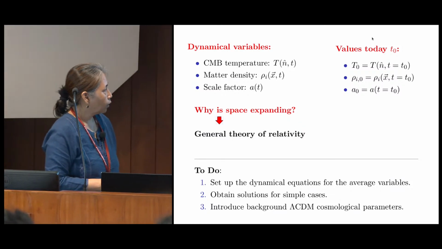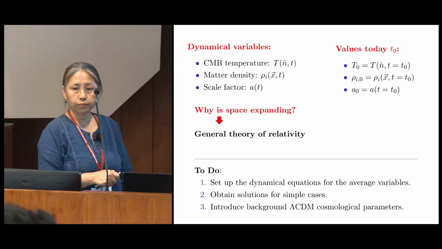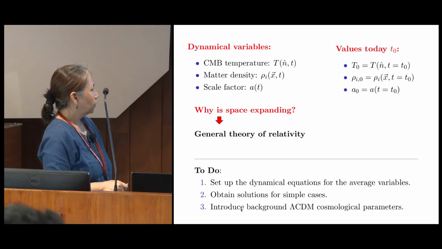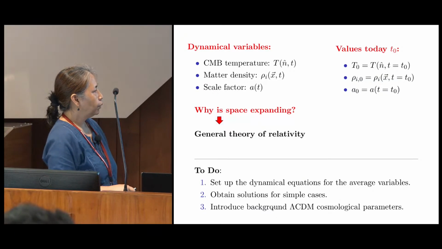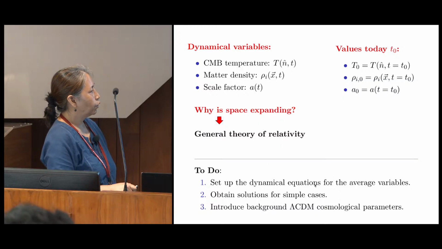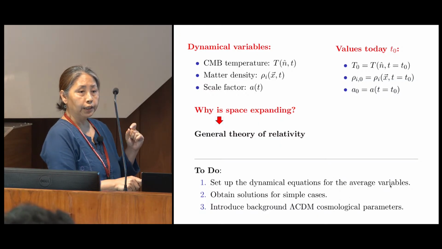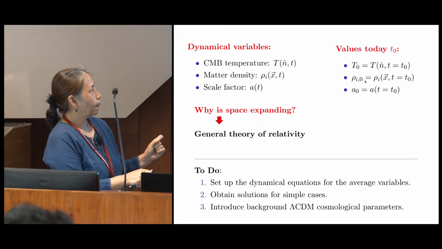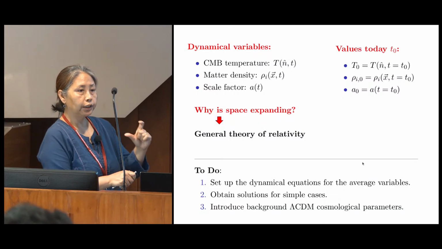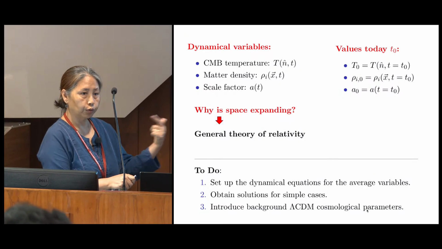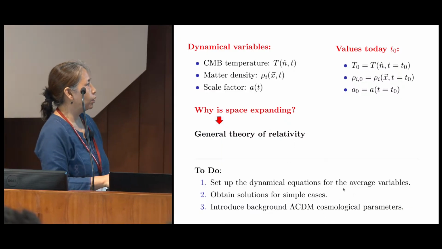So, what I am going to do in this coming lecture is set up the dynamical equations. Basically I will be interested in the average quantities, but I will mention the perturbation briefly also. I am supposed to give you the background evolution.